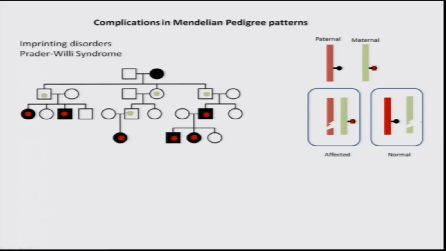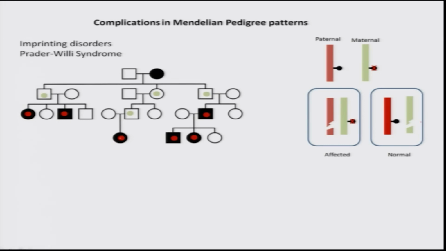Again the son is not affected because this is the maternal allele and it is silenced anyway. However, when it goes to the next generation, you see the disease coming up, because this is the paternal allele that should be expressed, since it comes from a male.